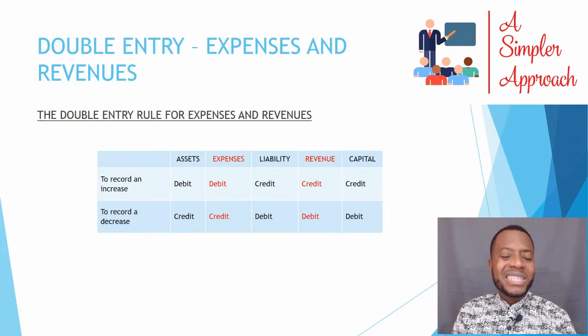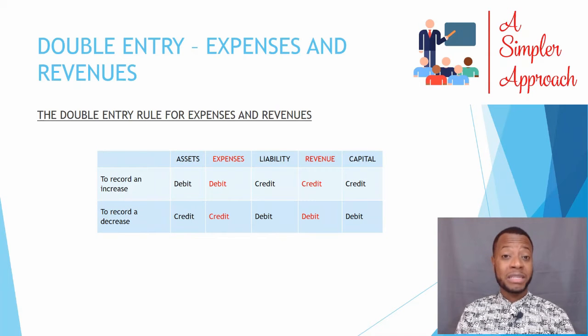If you notice, assets and expenses are the same. And if you also notice, liability and revenue are also the same. Therefore, we say that the double entry rule for assets is the same double entry rule for expenses.